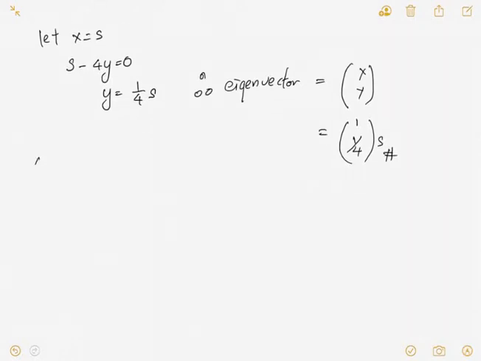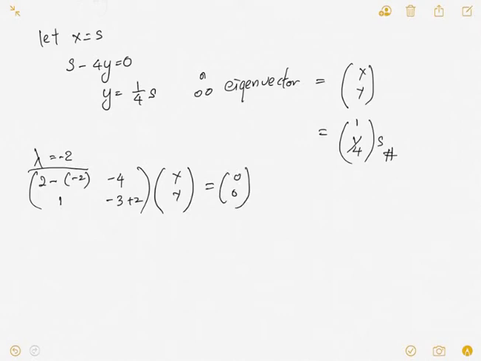What about lambda equal to -2? You substitute the value of lambda, and you have 4x minus 4y equal to 0.